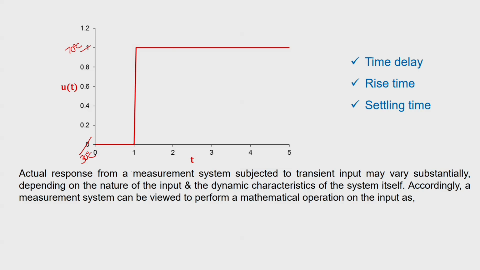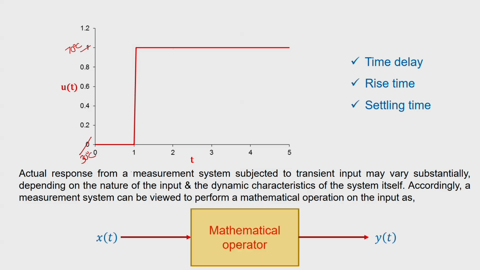Accordingly, we can think that the measurement system takes a time varying input signal and gives us another time varying output signal with a certain amount of modification, so the measurement system is performing some kind of mathematical operation on the input signal. If x(t) is your input signal, your output signal y(t) is the result of a mathematical operation done by the measurement system on x(t).